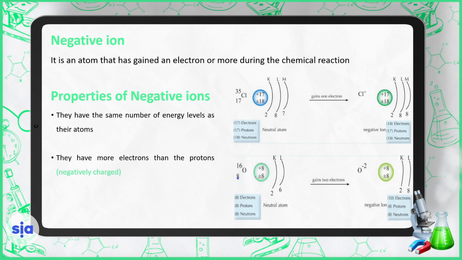That's why the ions of nonmetals are negatively charged, because electrons carry negative charges. They carry a number of negative charges equal to the number of gained electrons. If you notice, chlorine will gain 1 electron, so it will acquire only 1 negative charge. Oxygen here will gain 2 electrons, so it will acquire 2 negative charges.